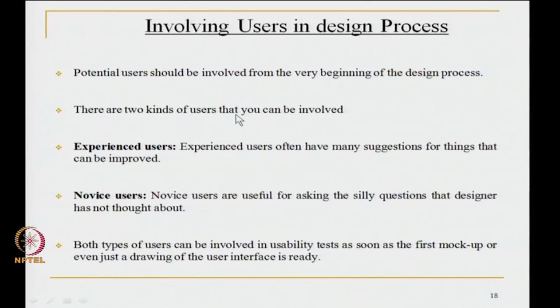There are two kinds of users that help to classify the system. One is the experienced users. Experienced users often have many suggestions for things that can be improved, especially from the perspective of the running of the machine for extended period in a trouble free manner, which will always have a feedback on the sales quantum, on the life of the product, and when upscaled, what components to upscale and what components not to touch.